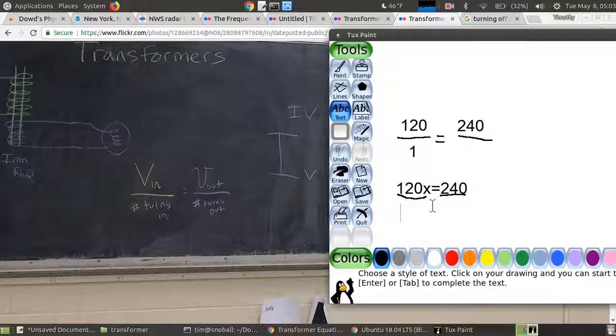And we get X is 2. So that's pretty much all you have to do, and it gives you a prediction of how much voltage you get on the output side of the transformer.